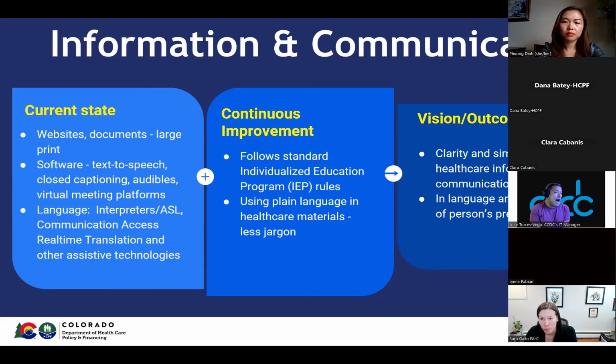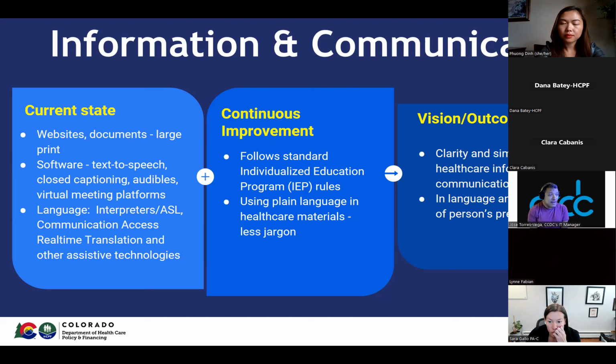So audible books, for example, are a big one for people who need to hear instead of read a book, or simply understand better by listening than by reading. Virtual meeting platforms have given a great way to participate in important stuff to people with disabilities.